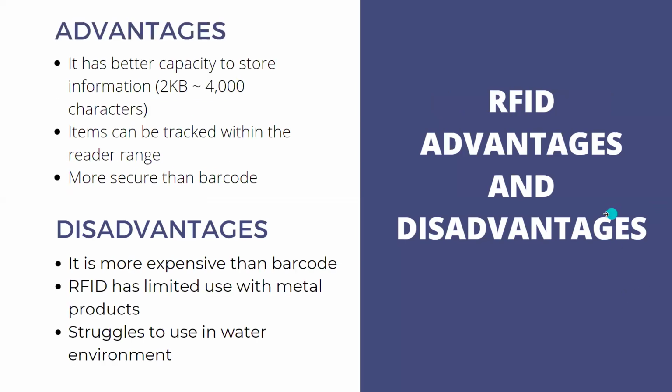With RFID, although it is a bit pricier than the barcode, it has a lot of advantages. Like it can store a significant amount of information. An RFID tag can store up to 2 kilobytes of information, and that is equivalent to about 4,000 characters.